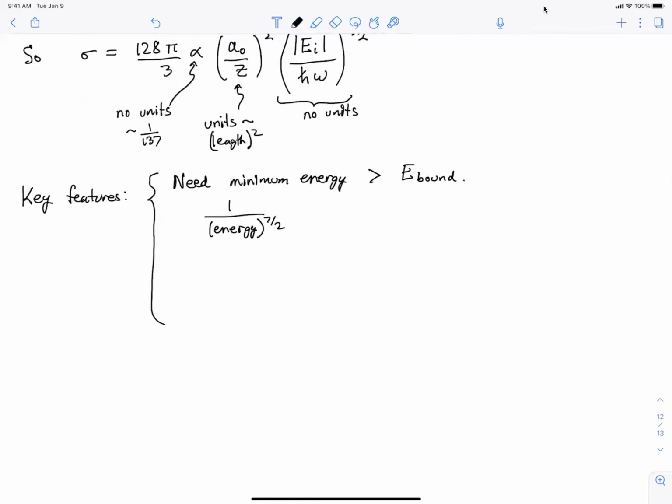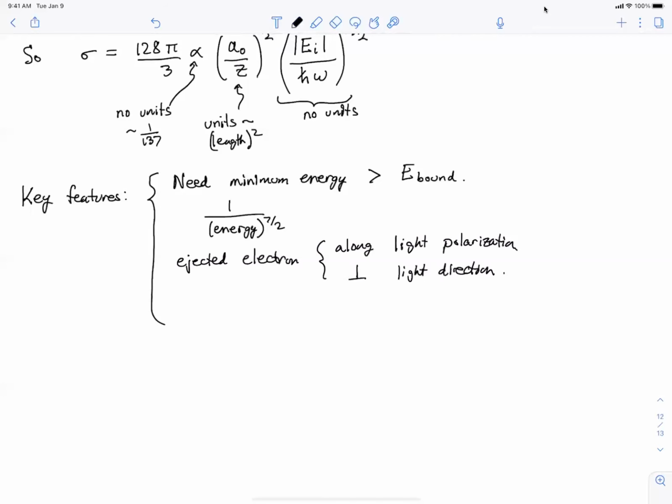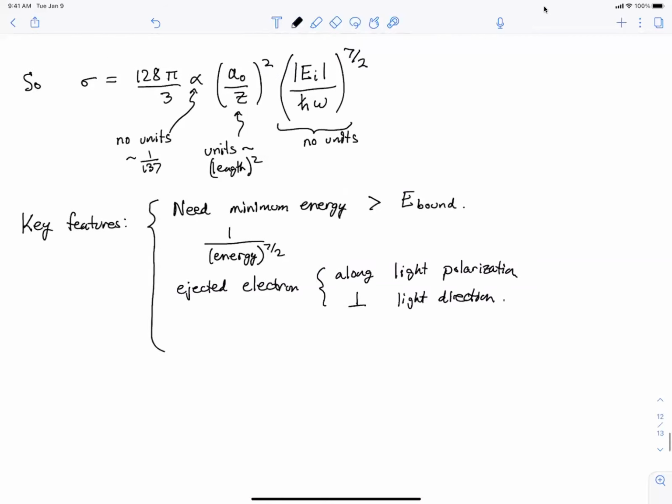And then the ejected electron tends to be along the light polarization direction, which is necessarily perpendicular to the light direction itself. And then the other key thing to remember about this formula is that because we assumed the final state was a plane wave, it's really only good for K fairly large, and so it's wrong for small k.